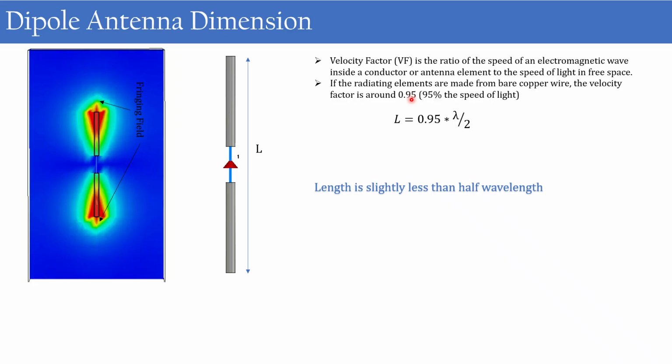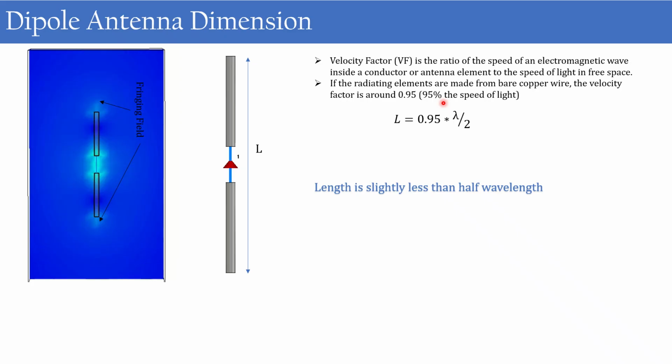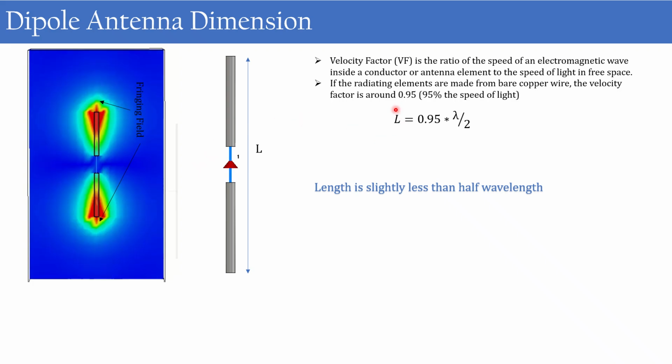What it indicates is that the speed of light inside the copper conductor is 95% of the speed of light. That is how the velocity factor is defined. So if we want to design a dipole antenna with copper, we can take the length of the antenna as 0.95 times lambda by 2. So in effect, we are reducing the length of the antenna, and due to the fringing effect, we will be getting an effective length of half wavelength. That's how we are designing a dipole antenna.